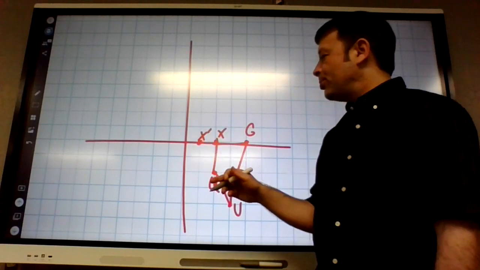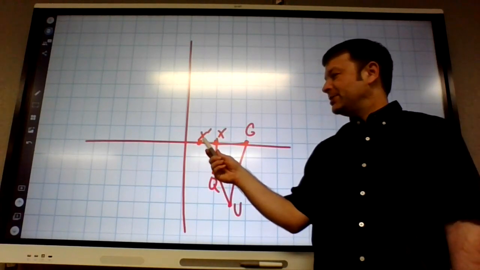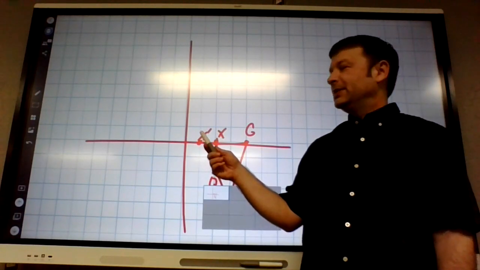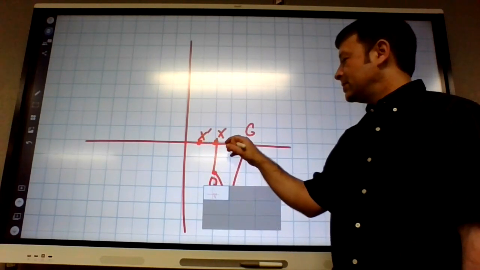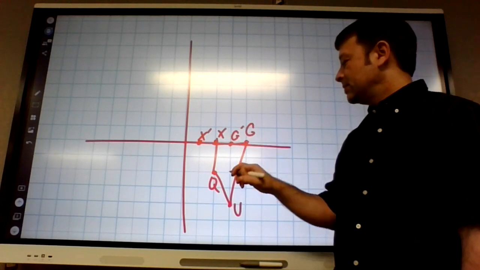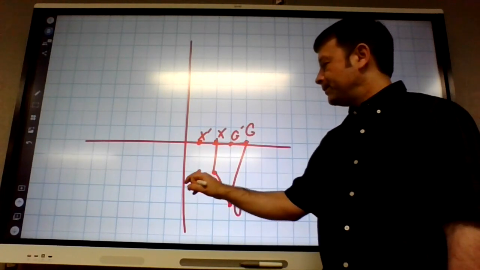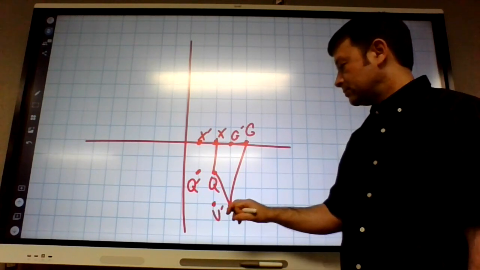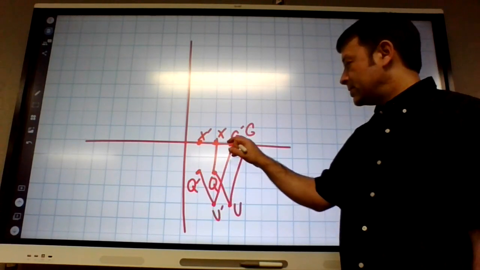And this new point where it ends up, if this is called x, this is called x prime. If this is g, this is g prime. Q, q prime. U, u prime. And you just connect the dots.